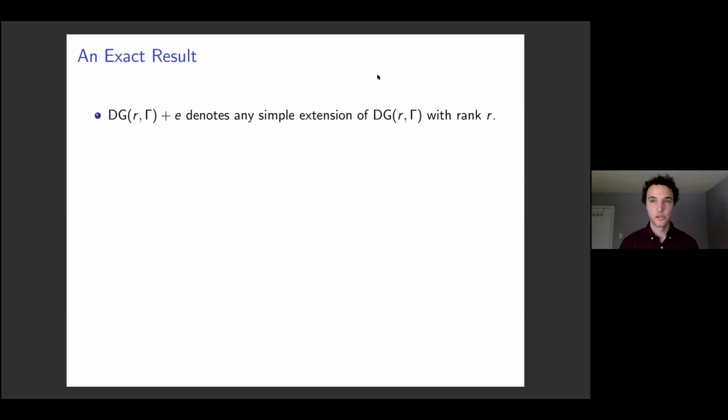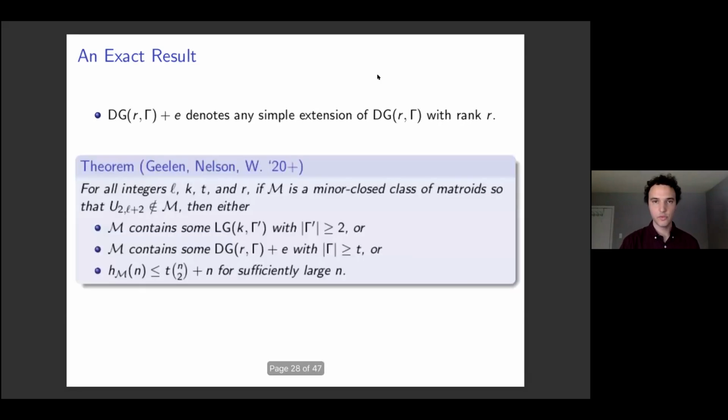So here's what we get if we exclude these matroids. We show that for all integers L, K, t, and R, if M is a minor closed class of matroids which does not contain the length L plus 2 line, then either it contains some rank K lift geometry over a non-trivial group, or it contains a simple extension of a rank R Dowling geometry over a group of size at least t, or the extremal function is upper bounded by t times n choose 2 plus n for all sufficiently large n.